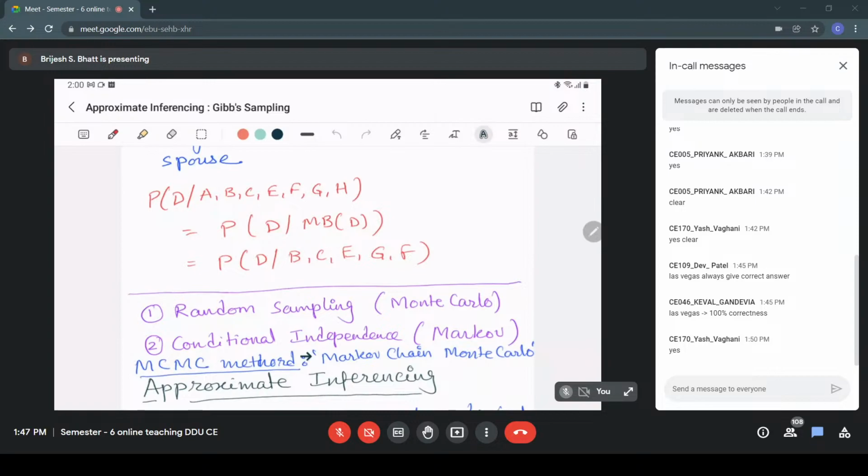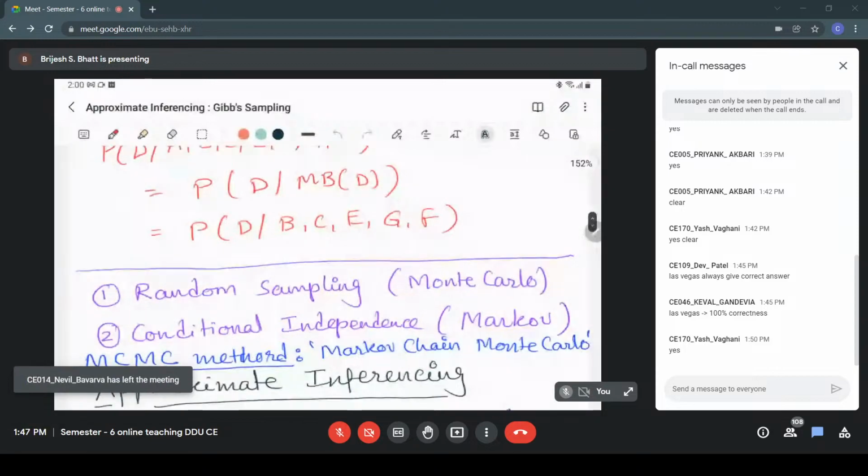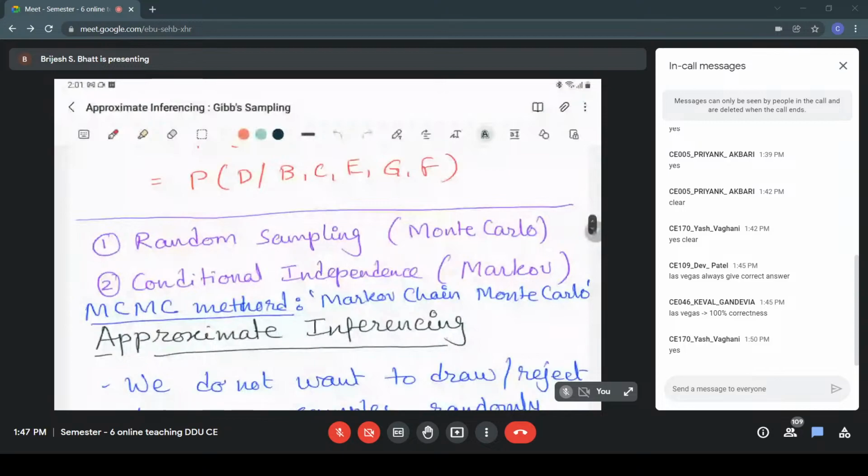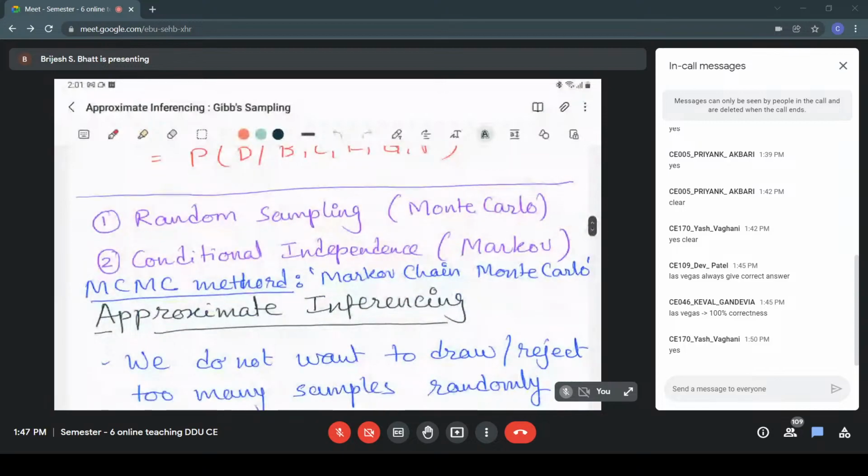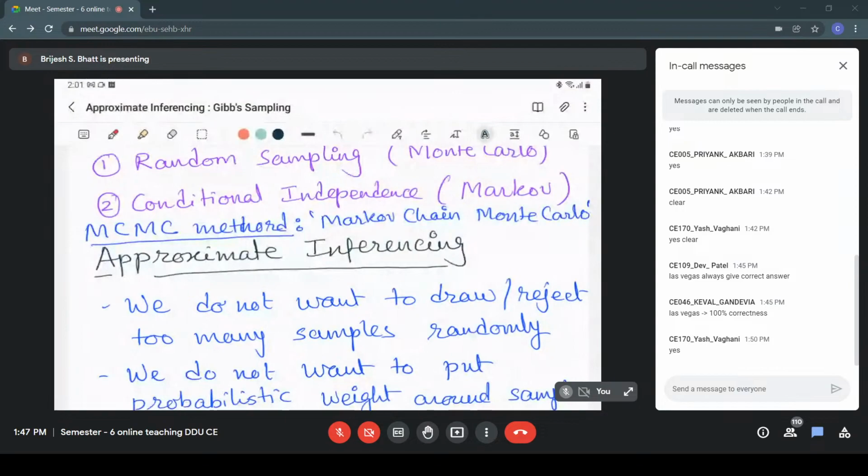And this stands for Markov chain Monte Carlo algorithm. This is a very frequent term in statistical machine learning. So if someone asks you what is an MCMC algorithm, then one example is the Markov chain Monte Carlo method, which we are going to use here in approximate inference. It has other applications also, but in our context, we are talking about approximate inference.